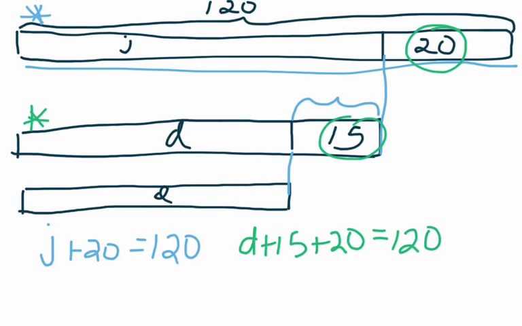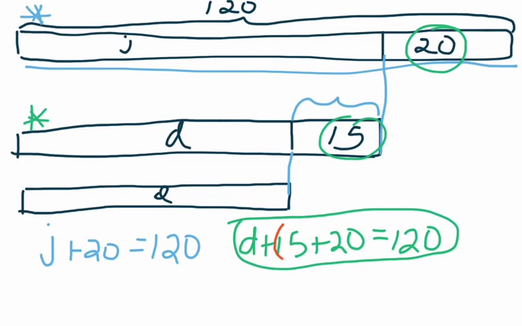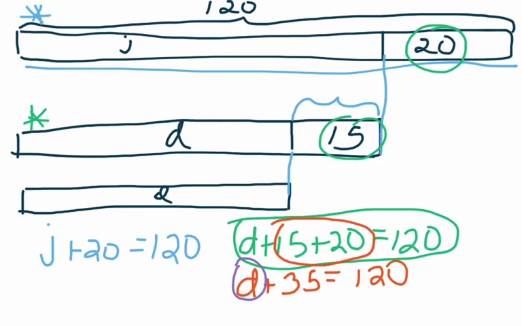Okay, so we are going to take this equation and we are going to combine these terms because they are both whole numbers. So we now have the equation D plus 35 equals 120. How are we going to figure out what D is?